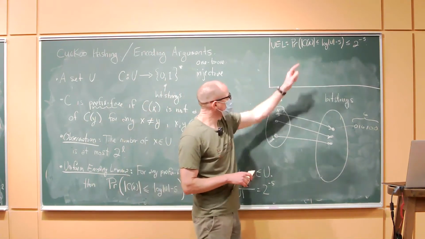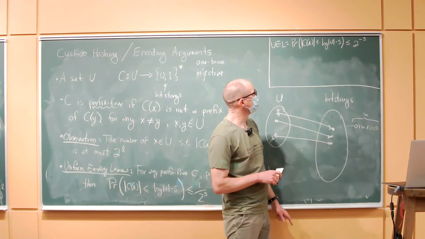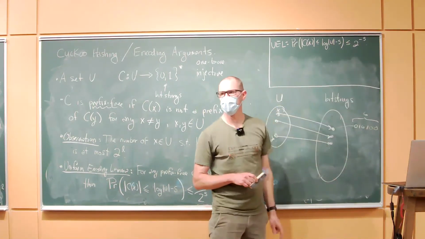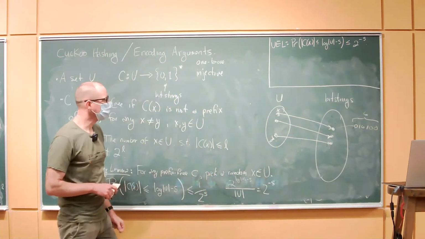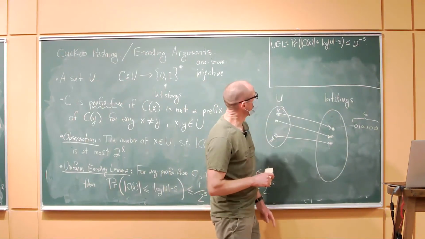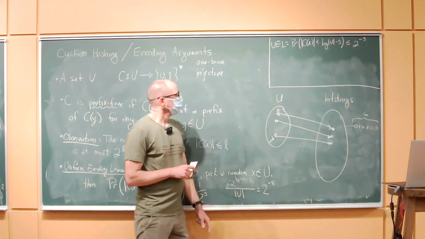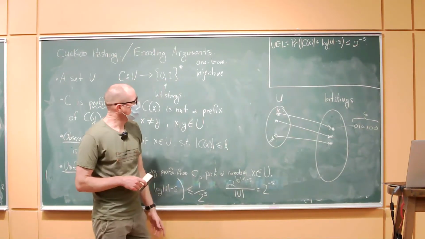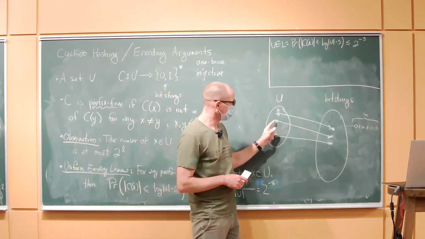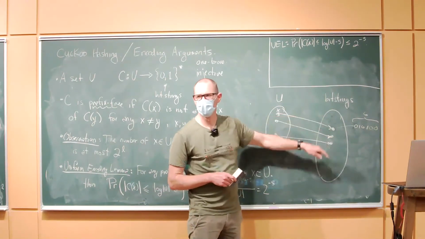And this thing basically says if you're hoping to save even a little bit off that, the chances of that happening drop very quickly, exponentially in the savings. So if you want to save even 1 bit, the probability that you can do that is at most 1/2. Another way to say that is at most half of the elements in here can have a code which is 1 bit less than the log U. Okay.